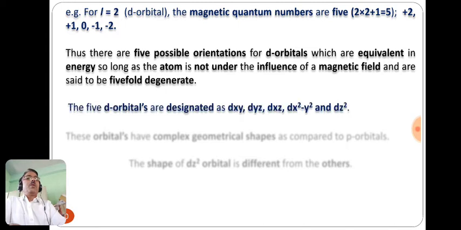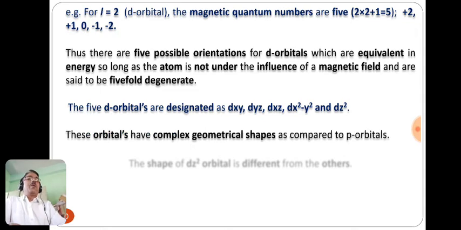The 5 d orbitals are designated as dxy, dyz, dxz, dx square minus y square and dz square, and these orbitals have complex geometrical shapes compared to p orbitals. The shape of the dz square orbital is somewhat different from the other d orbitals.